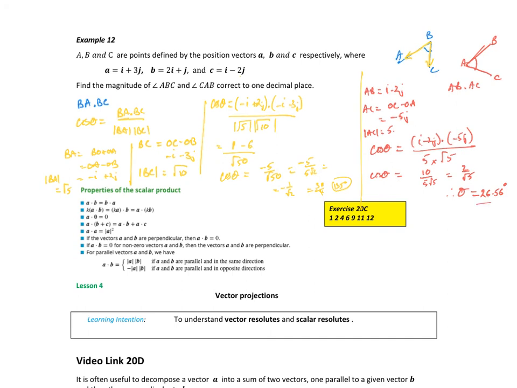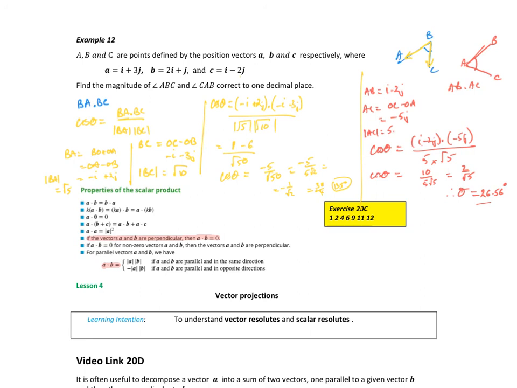Some key things to talk about in terms of the properties of our scalar product, and it will come up a little bit more. The big one is: if two vectors are perpendicular, the dot product is 0. If they're perpendicular, the angle between the vectors is 90 degrees, and cos of 90 degrees is equal to 0.